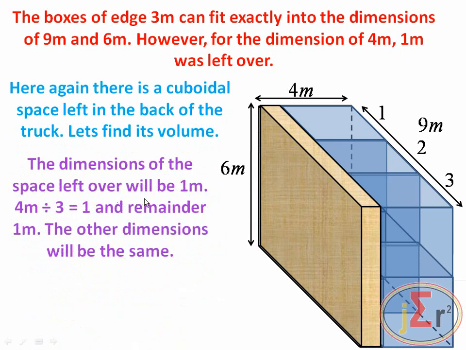So the volume of that cuboidal space, we can see right here that this dimension is the 1 meter that was left over from the 4, and we have 9, and we have 6. Doesn't matter, as long as we realize that the dimension of the space will be caused by the remainder of 1 meter there, and then the other dimensions 9 and 6 will be the same as before.